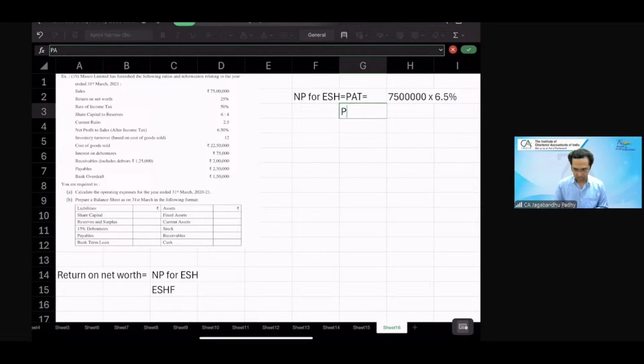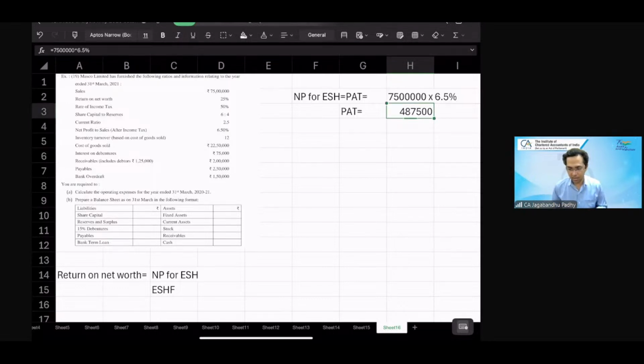So what is the profit after tax figure that we get? 75 lakhs multiplied by 6.5% is 4 lakh 87,500, correct? We got the profit after tax as 4 lakh 87,500, everyone.